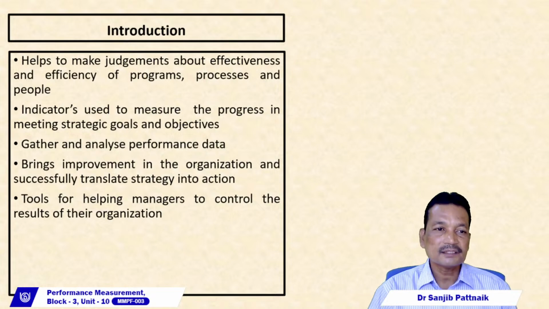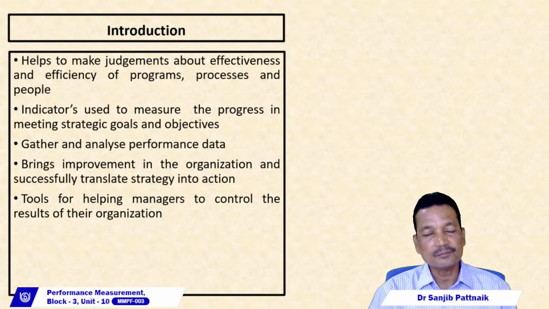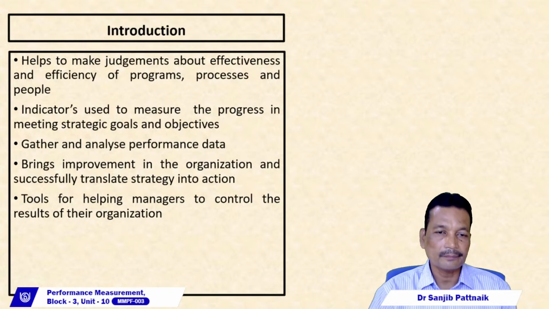So in performance measurement, we use indicators. Why? To measure the progress in meeting the long-term goals or strategic goals and objectives of the organization. When we say strategic goals, it may be long-term.